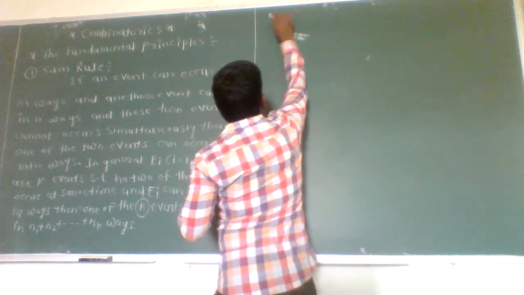Then any one of these k events can occur in n1 plus n2 plus up to nk ways. Okay, let us see one example.